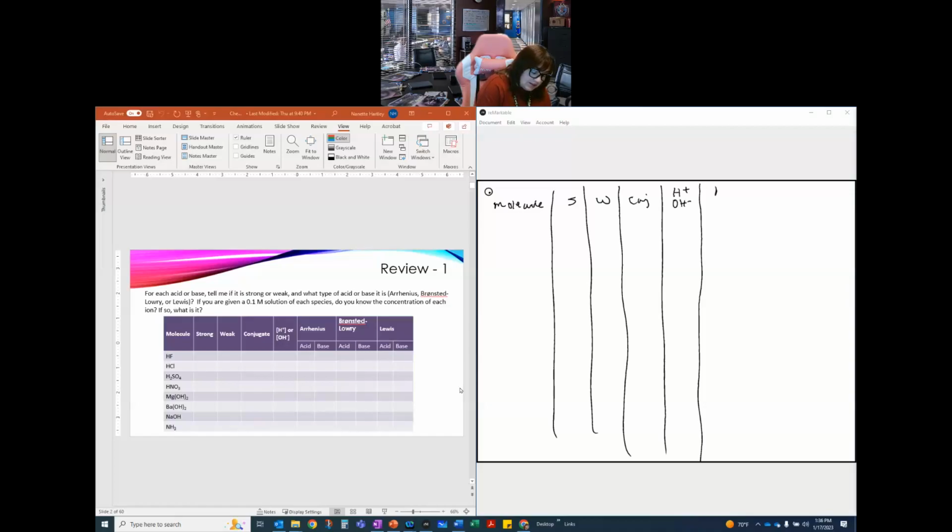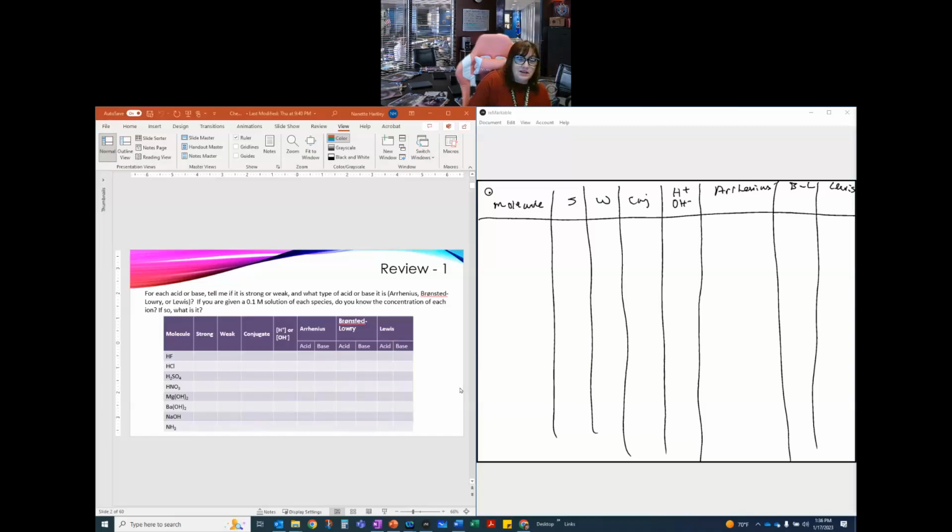I want to know, does it fit Arrhenius, Bronsted-Lowry, and Lewis? Okay, awesome. And if it's a 0.1 molar solution and I'm generating H plus or OH minus, I'm going to put that concentration in the H plus or OH minus column.